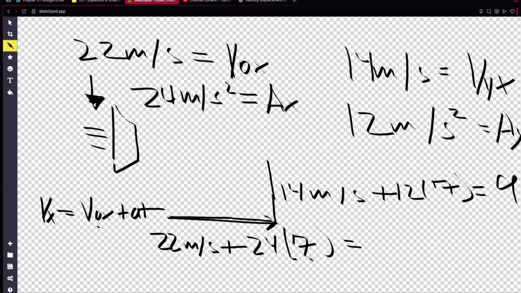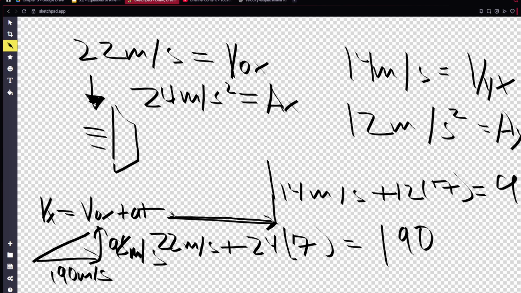And then we'll do 7 times 24, which is 168, plus 22, which is just going to be 190. So at the final moment, we'll have 190 meters per second in x at 7 seconds, and it's traveling upwards at 98 meters per second at 7 seconds.